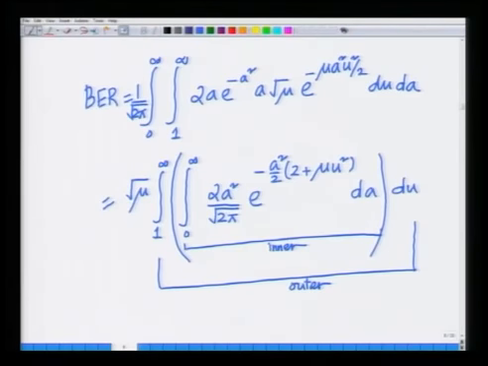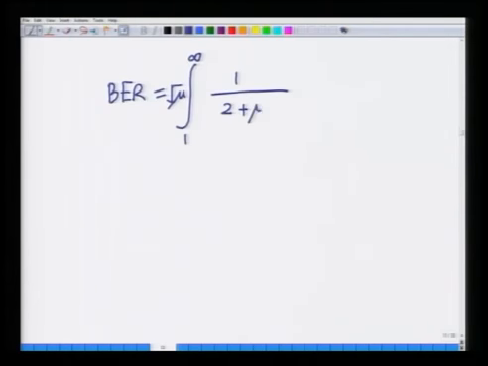Now, I will evaluate the outer integral, and this outer integral can now be written as bit error rate equals square root of mu times the integral from 1 to infinity of 1 over (2 plus mu u square) to the power of 3 over 2 times du.